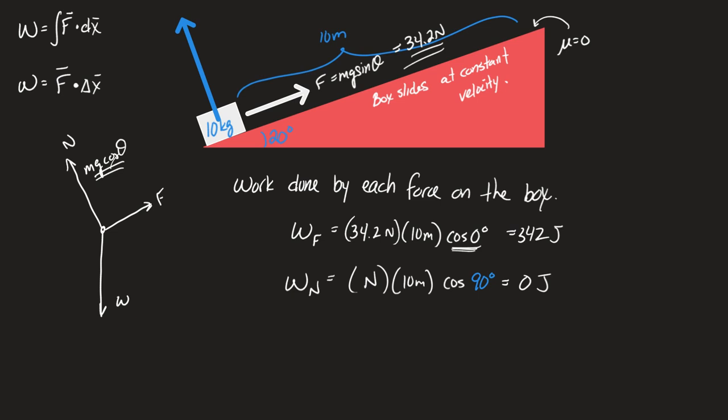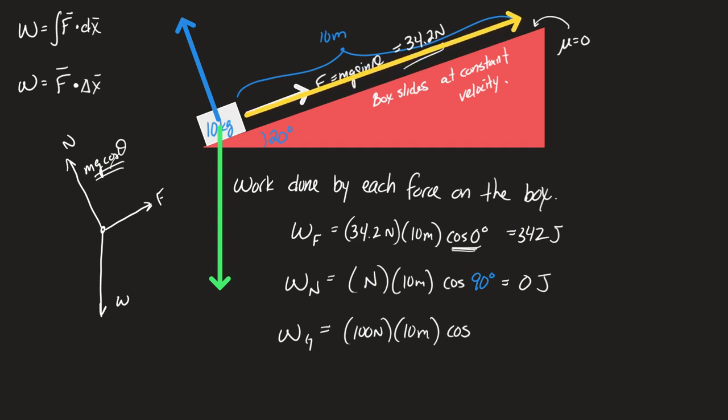What's the last force? Work done by gravity, yeah. Gravitational force is 100 newtons, right? 10 times 10, mg. Displacement's 10 meters. What is the angle between the displacement and the weight? The weight is this way, and the displacement is, hopefully we all know, this way.